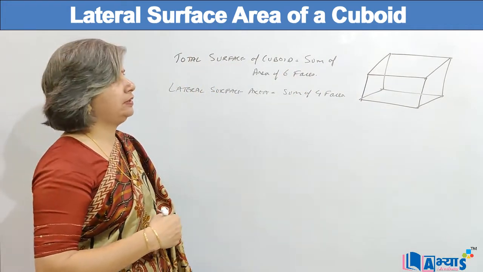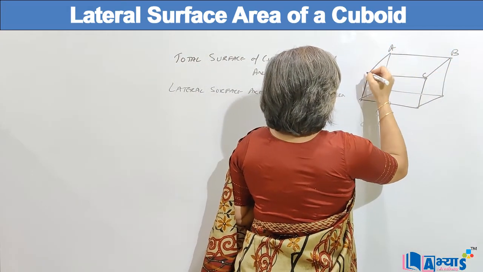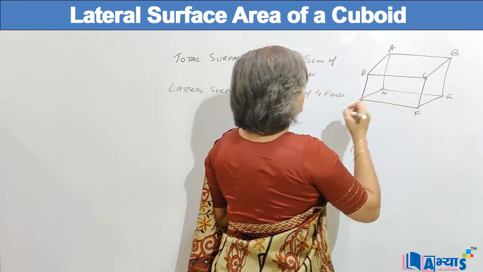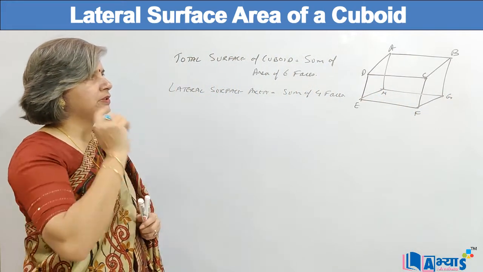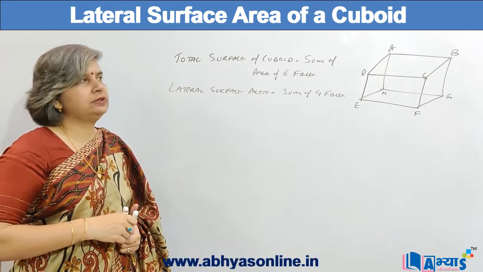Now let us first name the figure. Let it be A, B, C, D, E, F, G, H. These are all the vertices of a cuboid, and we are supposed to find the lateral surface area.